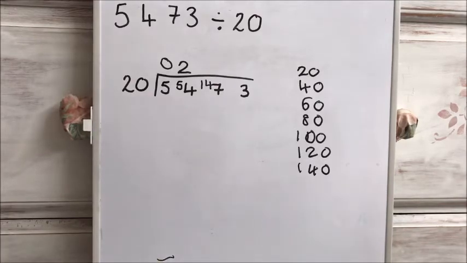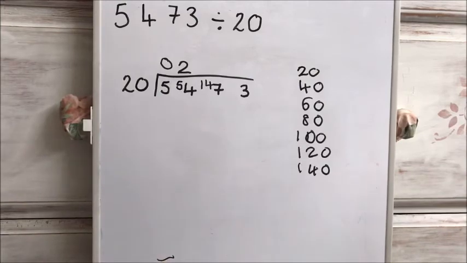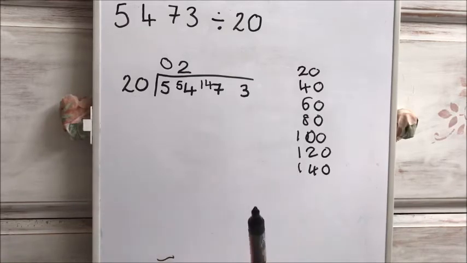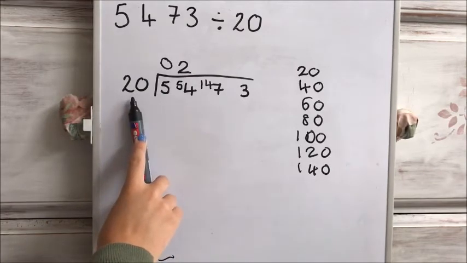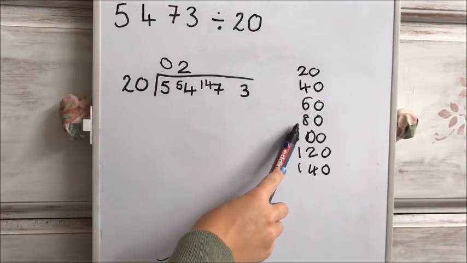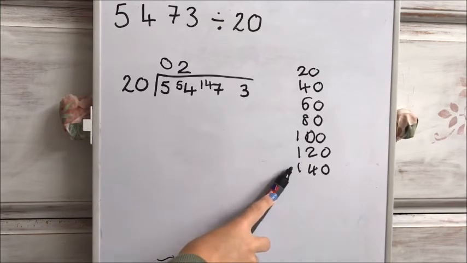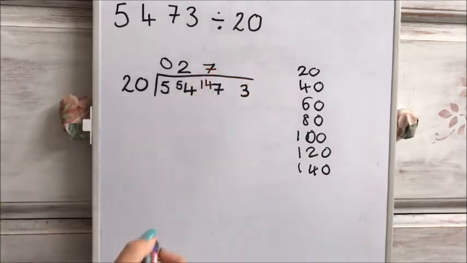Much like before, we refer to our 20 times table down the side. We know that 20 goes into 140 7 times. So we can write 7 at the top.